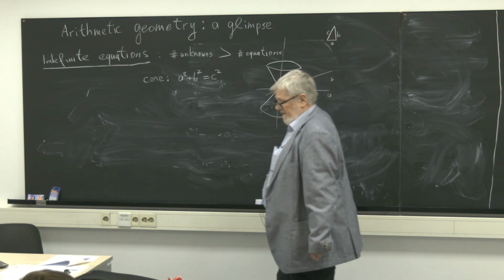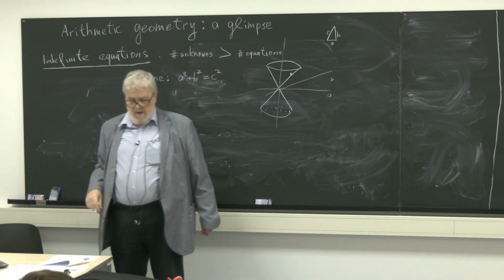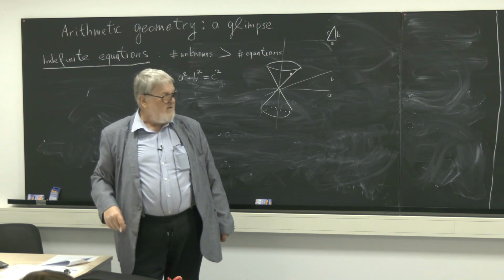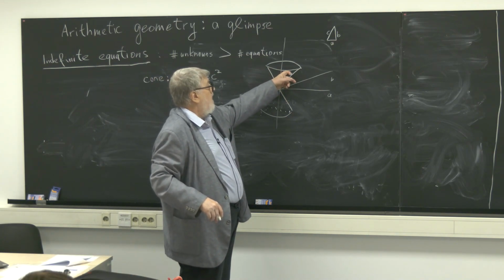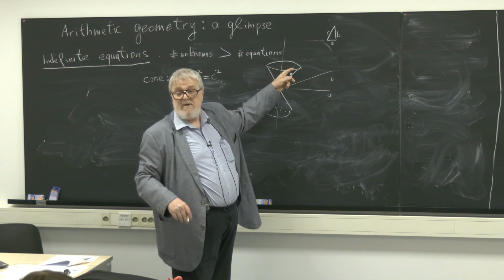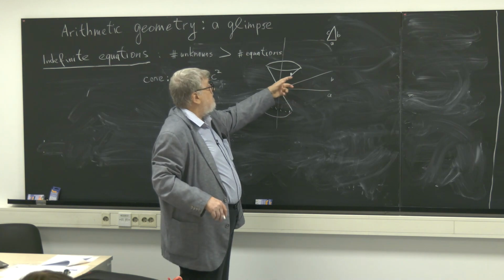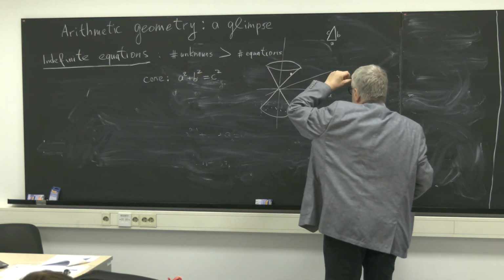So in some sense, every point of this cone, or not every, but maybe of the 1/8 part of it where all the coordinates are positive, every point is a triangle.